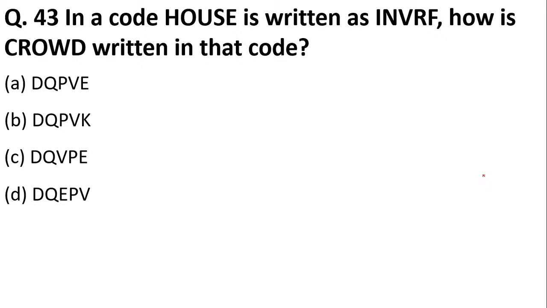In a code, house is written as INVRF. How is crowd written? H after H plus 1.